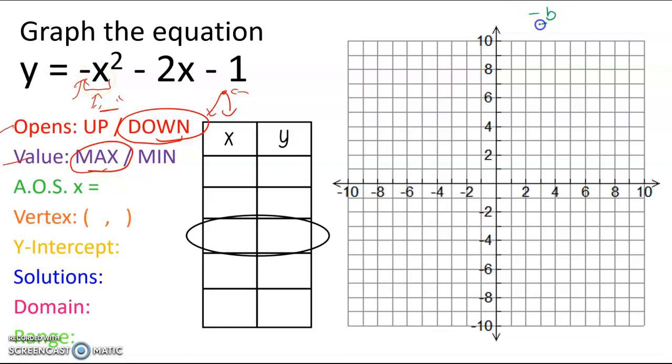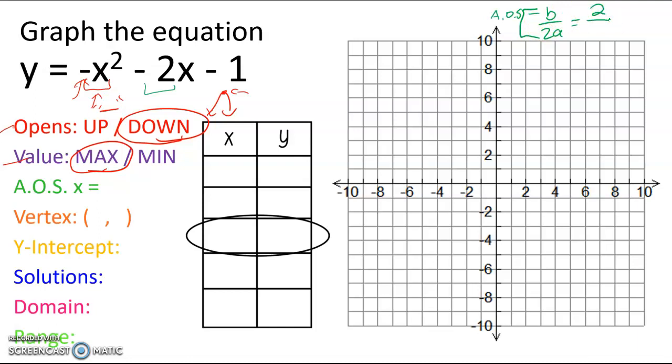Axis of symmetry, negative B over 2A. That is the formula that we're going to be using for axis of symmetry right there, okay? So we want to look at my B value. It is -2, and I plug it in. Negative of a -2, make sure it's the negative of that B value, or basically think of it as the opposite sign of that B value. So it's the negative of a -2, which is just +2.